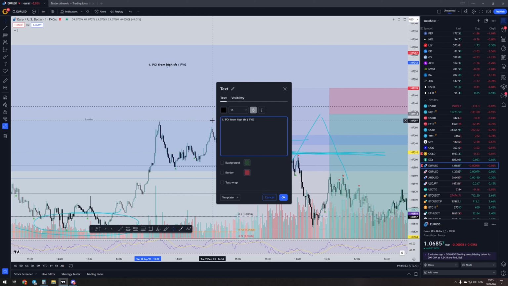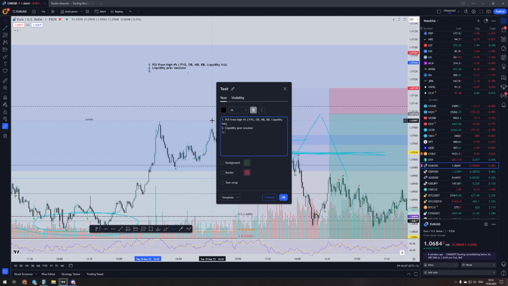It can be FVG, it can be order block, mitigation block, it can be breaker block. Also it can be liquidity levels, then liquidity from previous sessions. Is this necessary? Yes and no. So it can be or cannot be, but the most important is it happening in the POI.